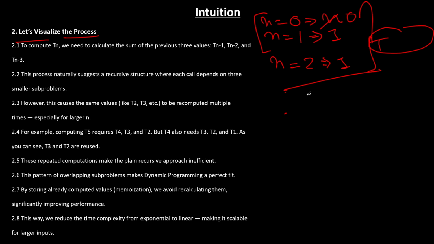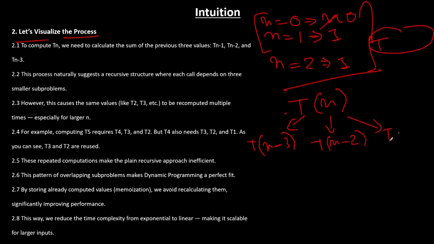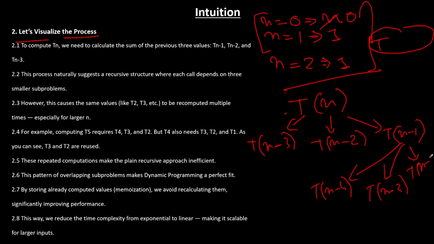If I draw a recursion tree, it will be like this: t of n. To calculate this t of n, we will require t of n minus 3, t of n minus 2, and t of n minus 1, right? And then to calculate this t of n minus 1, we will require t of n minus 4, t of n minus 3, and t of n minus 2.